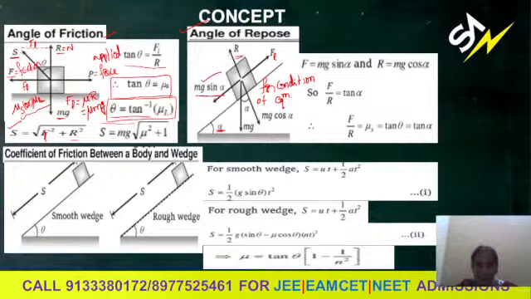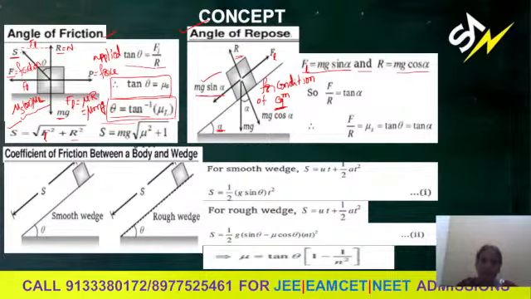That is the equilibrium condition, meaning the magnitudes of forces are equal vertically and horizontally. So here we equated: the limiting friction value is balanced by mg sin alpha and the reaction force is balanced by mg cos alpha. If these are equal, the object is in equilibrium.